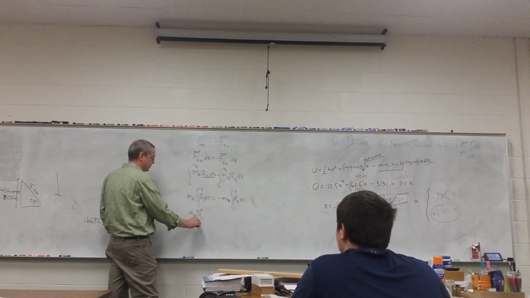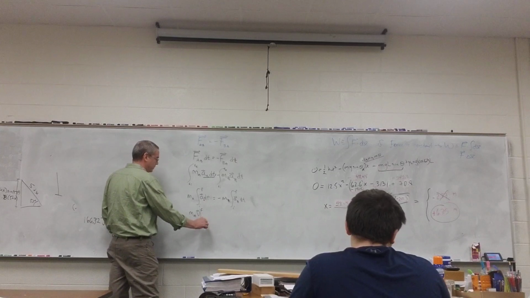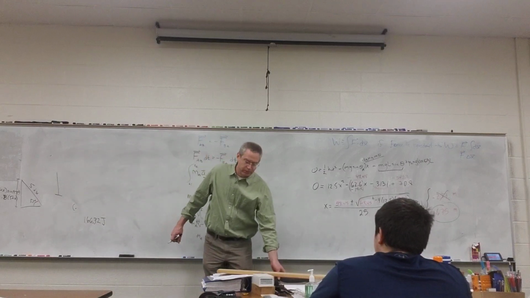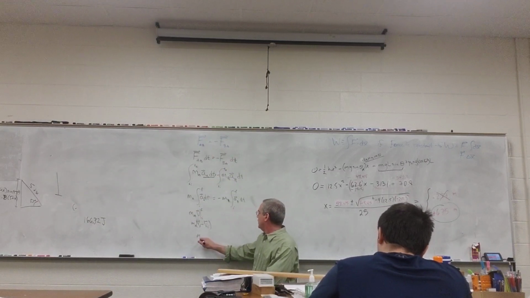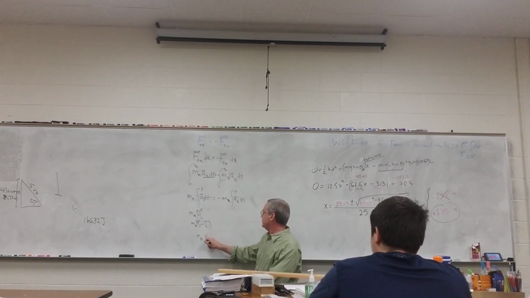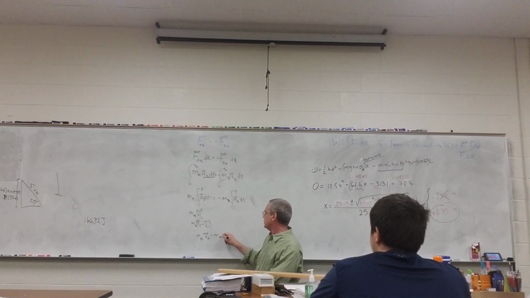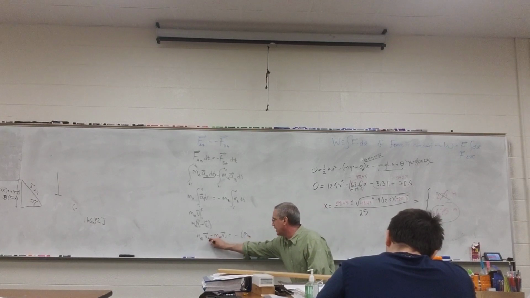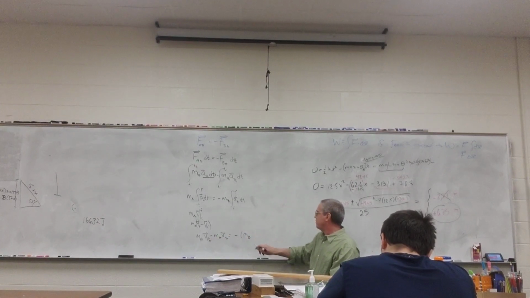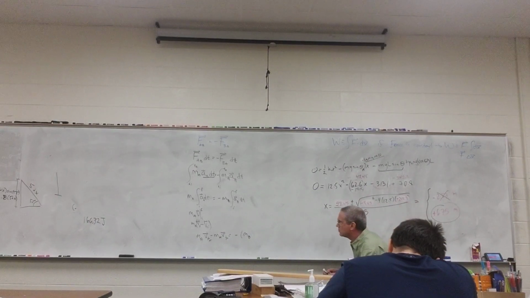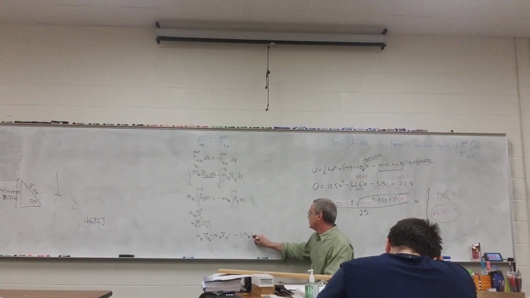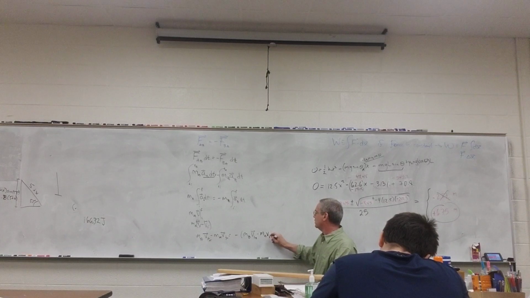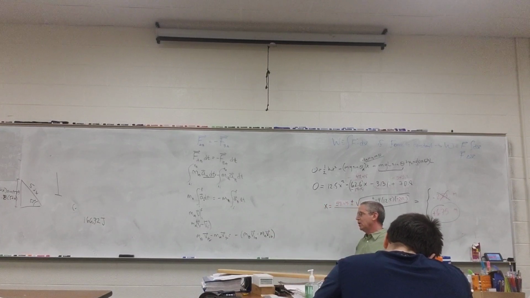So this becomes mass times V final minus V initial, which is mass of A times V final of A minus mass of A times V initial of A, equal to, we do the same thing on this side, negative mass of B times V final of B minus mass of B times V initial of B. Distribute the negative sign.